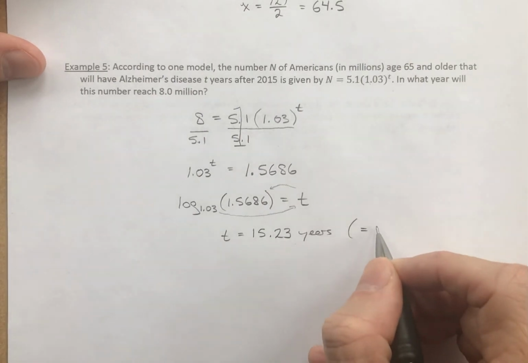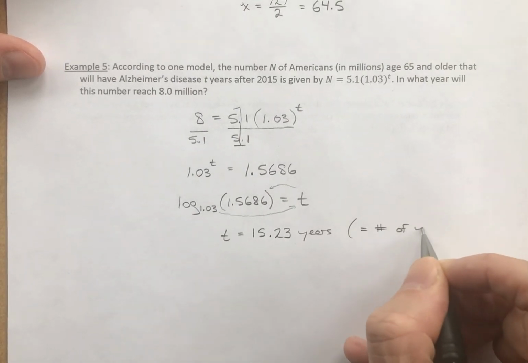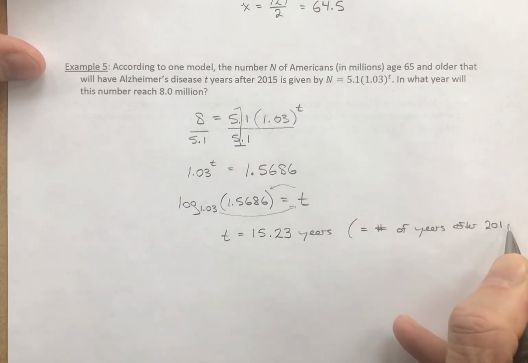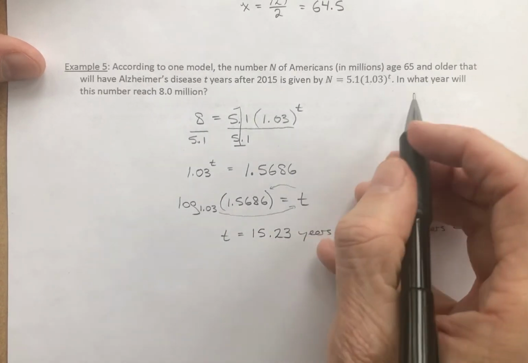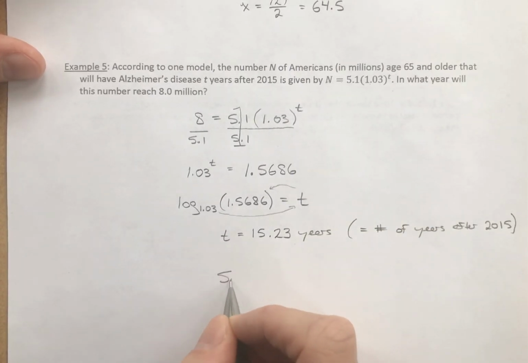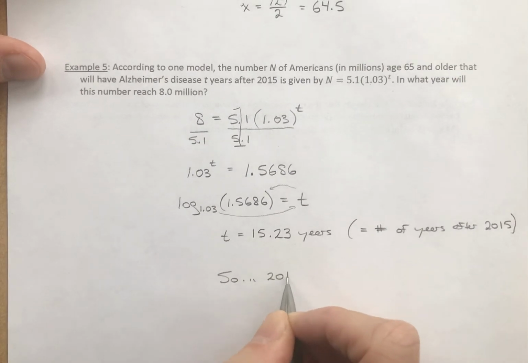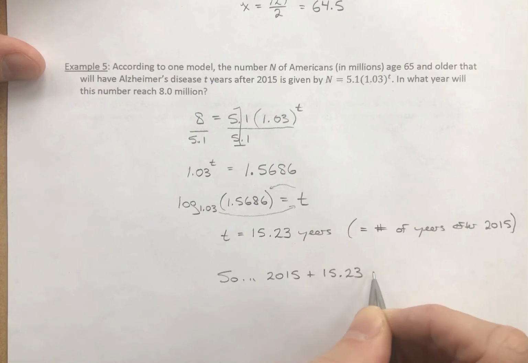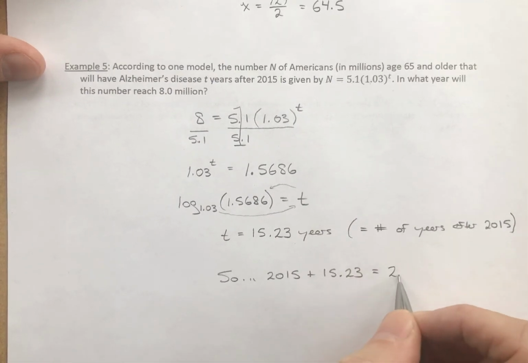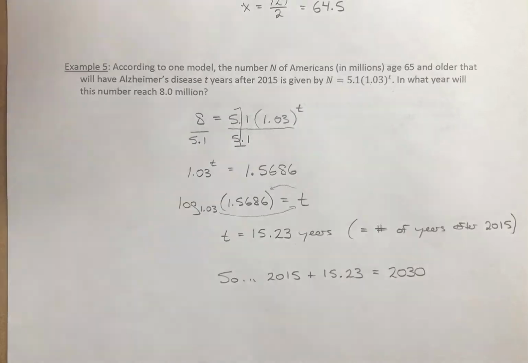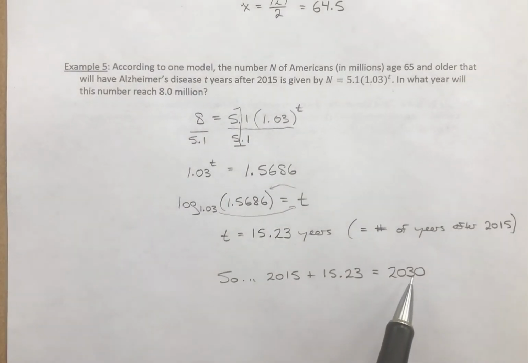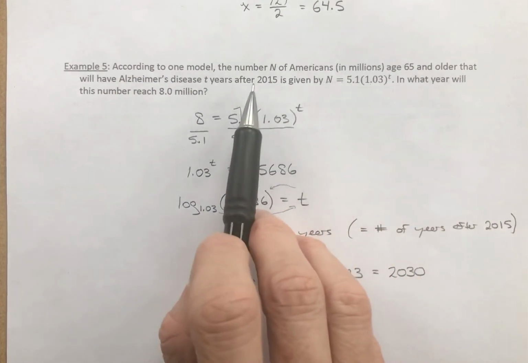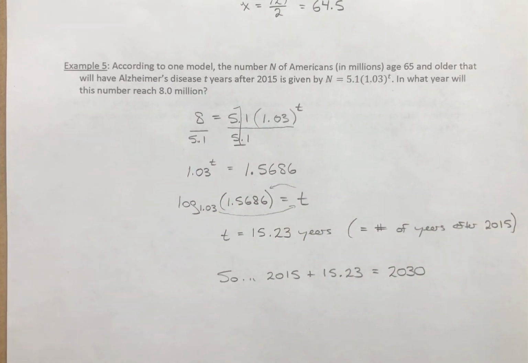So in what year, I'll have to do 2015 plus the number of years after 2015 to come up with approximately the year 2030, when we will see the number of Americans who have Alzheimer's reach 8 million.